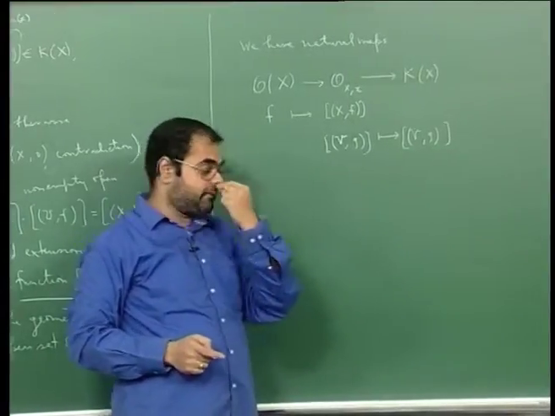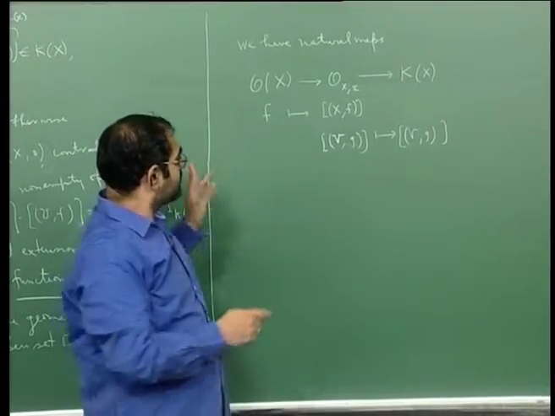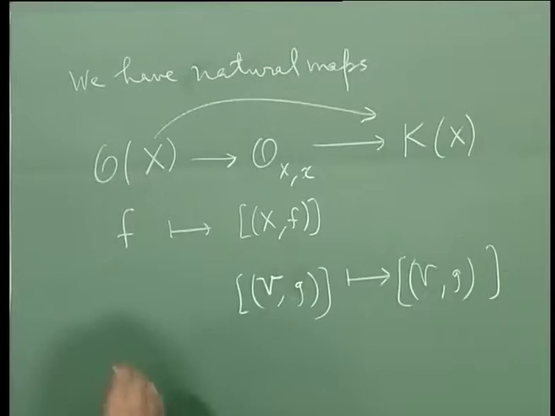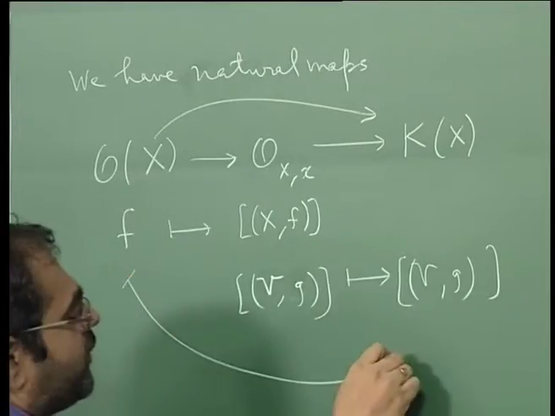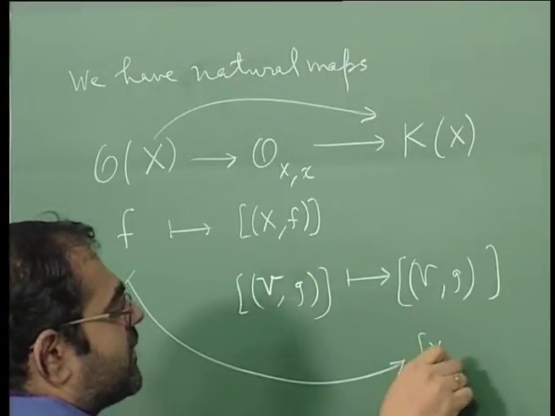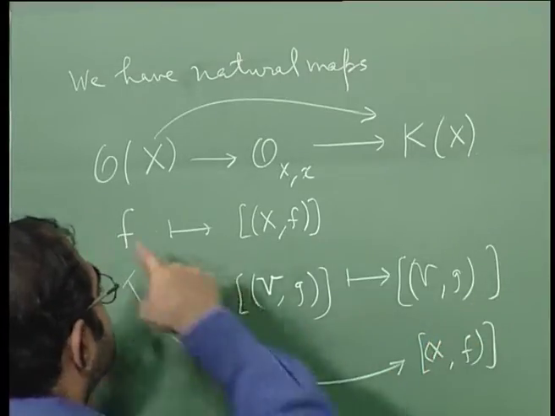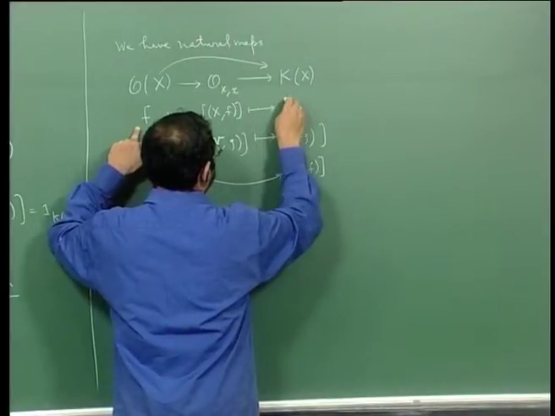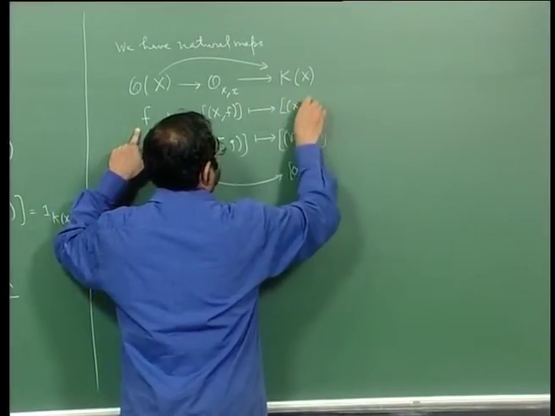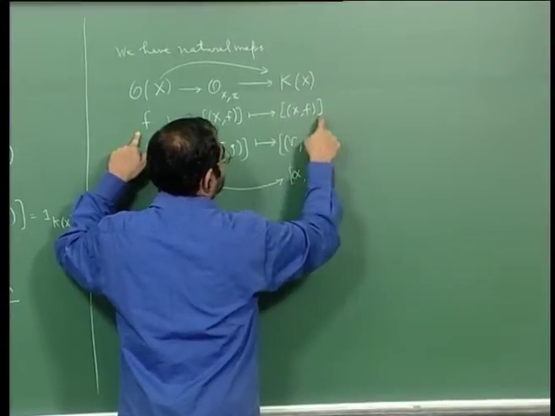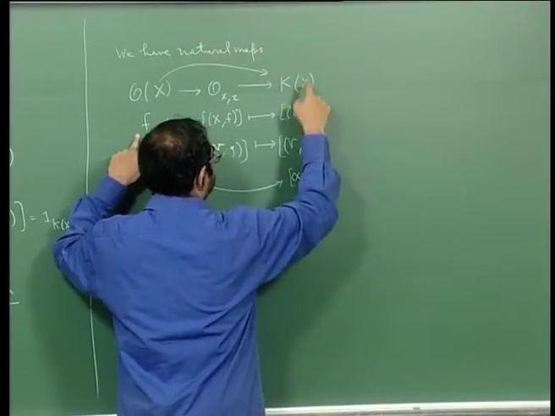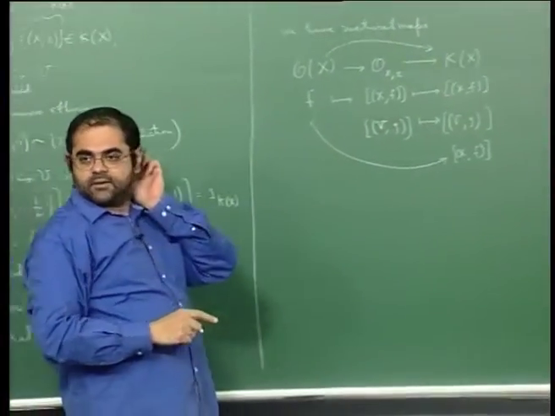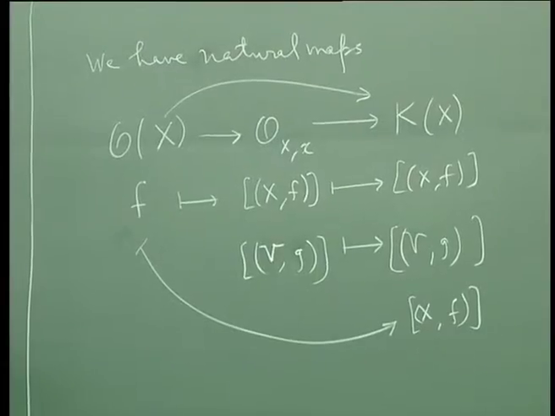Now of course there is also a map which goes directly, simply going all the way to x, f, which is just the composition of these two maps. This will also go to x, f, where again this square bracket is the equivalence class here, and this square bracket is the equivalence class here. Alright, so I have maps like this.